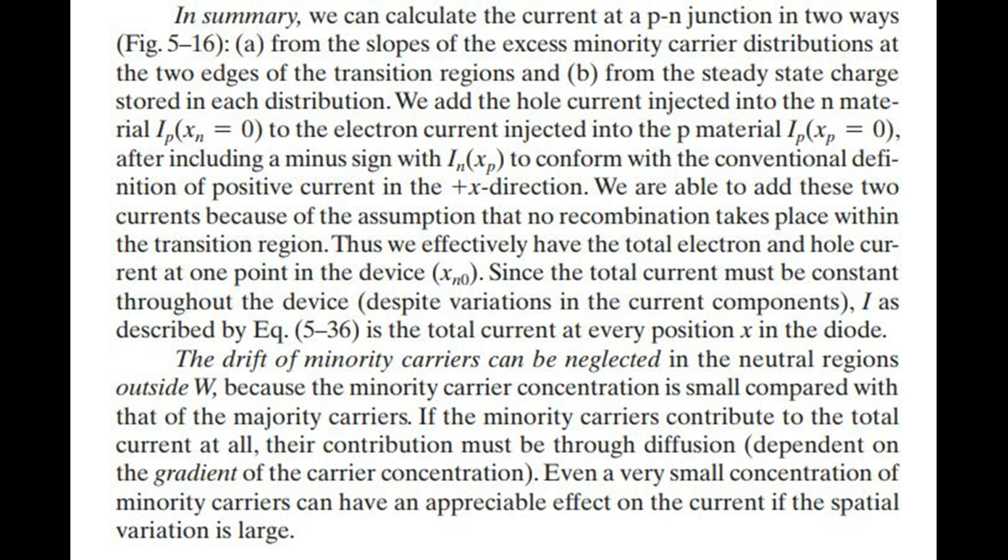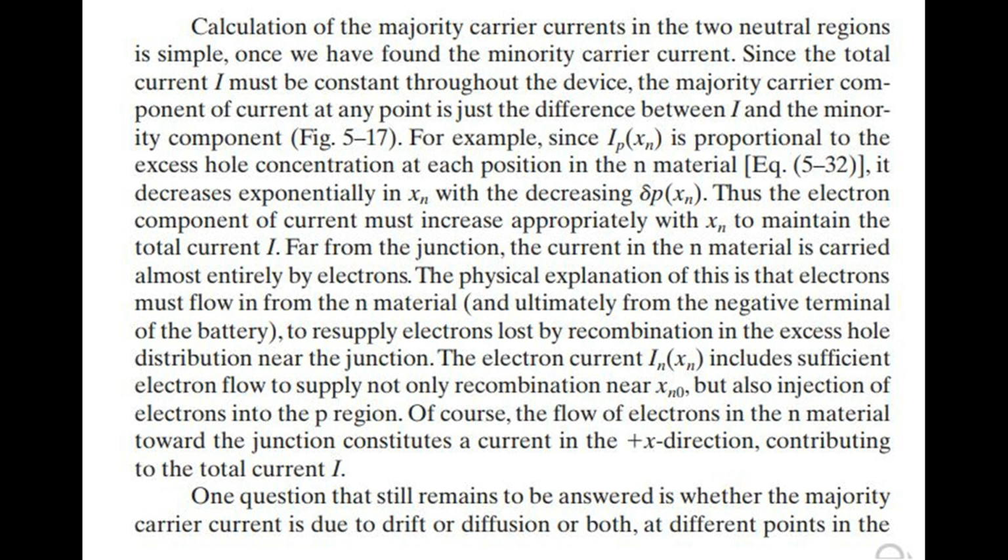Calculation of the majority carrier currents in the two neutral regions is simple, once we have found the minority carrier current. Since the total current I must be constant throughout the device, the majority carrier component of current at any point is just the difference between I and the minority component, Fig. 5-17.